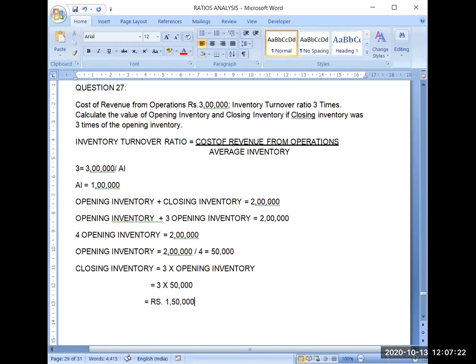Now if you want to cross check your answer, you can. See, the relation between opening inventory and closing inventory is that closing inventory is 3 times of opening inventory, and that is coming. And this equation is saying that opening inventory plus closing inventory is 2 lakh. So if I add them up, 50,000 plus 1,50,000, again my total will be 2 lakh. So that way you can cross check your answer also.